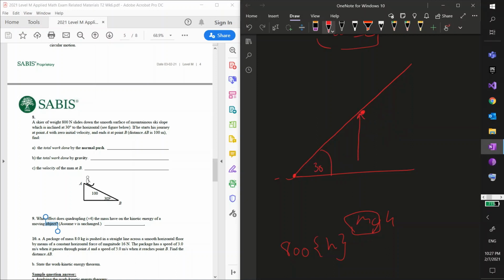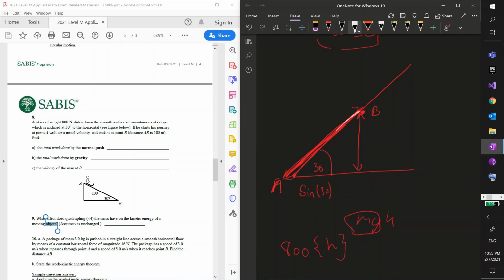We're trying to find this height, not the distance you traveled, but the height itself, which is simply going to be sine 30 multiplied by this distance. Let's say this is point B and this is point A. So sine 30 multiplied by the hypotenuse.